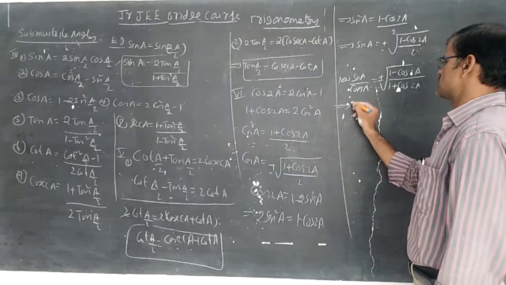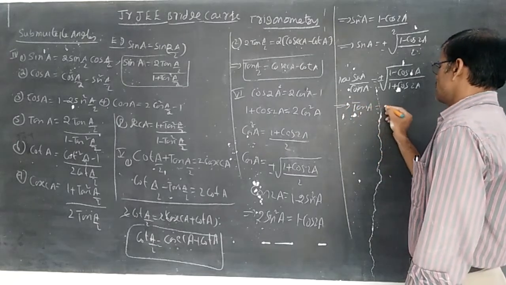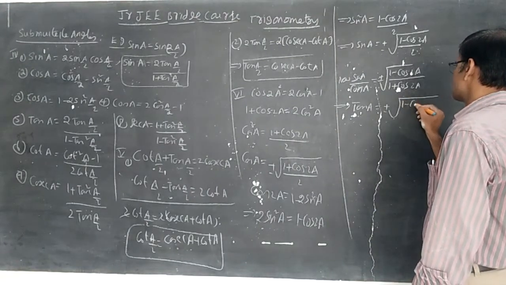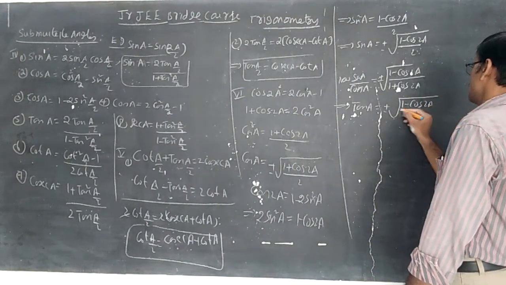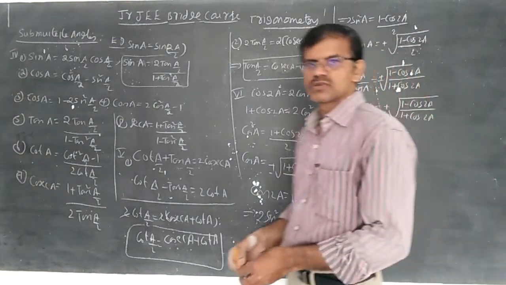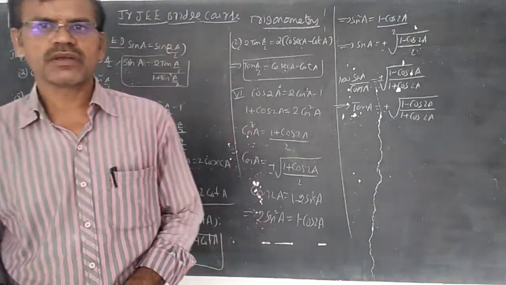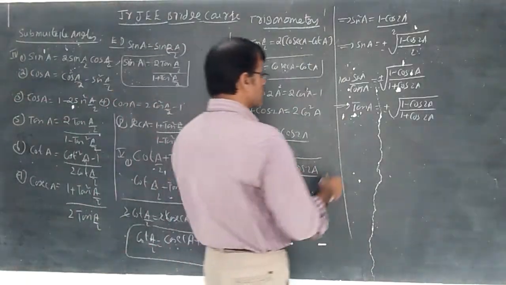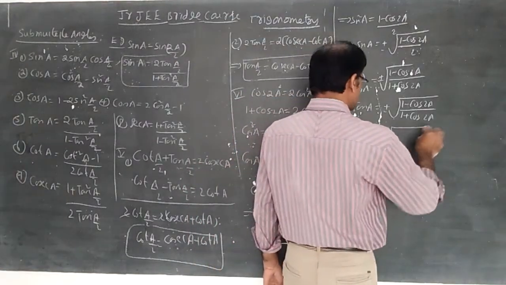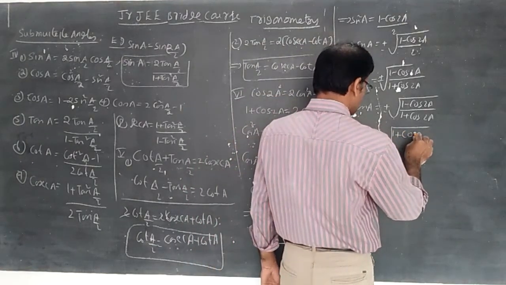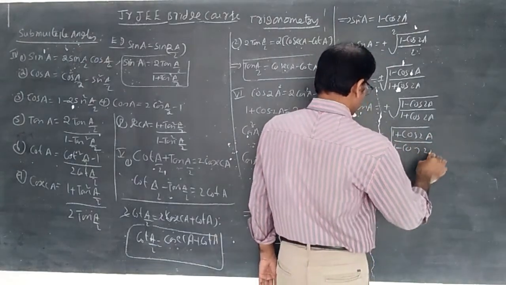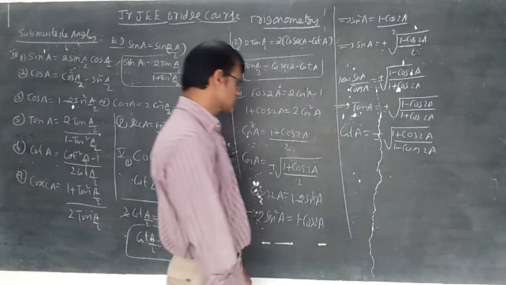That implies tan A is equal to plus or minus root of 1 minus cos 2A by 1 plus cos 2A. Now, by taking the reciprocal, we can get cot A is equal to plus or minus root of 1 plus cos 2A by 1 minus cos 2A.